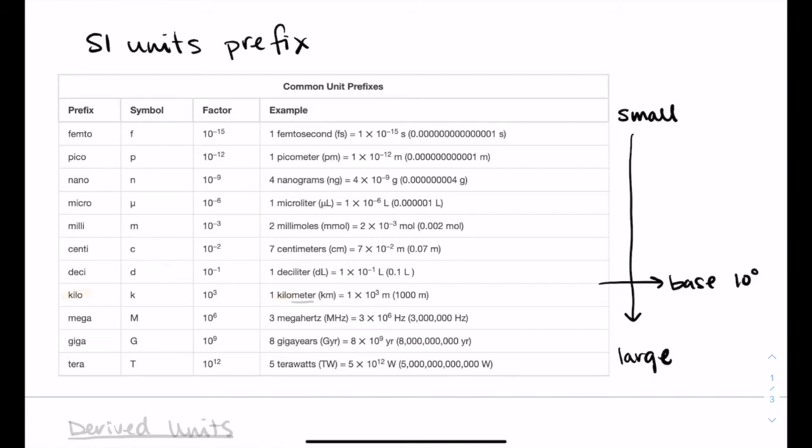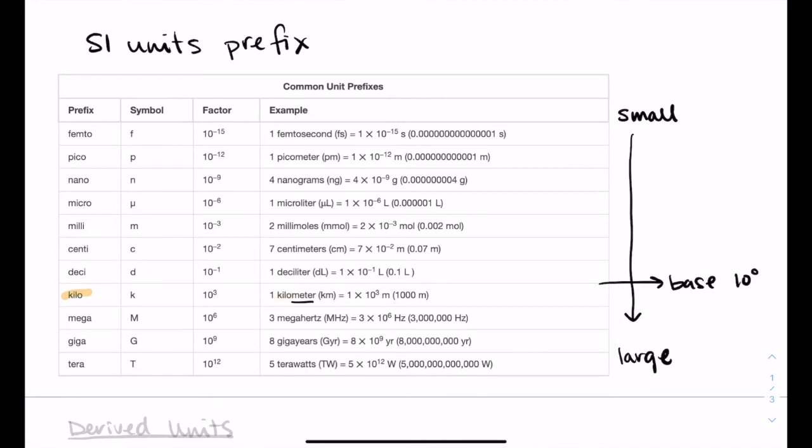Okay, so they have some examples in here, but you'll notice that for the kilo example, they've listed meter, but I was talking about kilograms. That's the beautiful thing about the international system: the prefix is kilo, and then you just pop that prefix onto whichever base unit you need to work with.